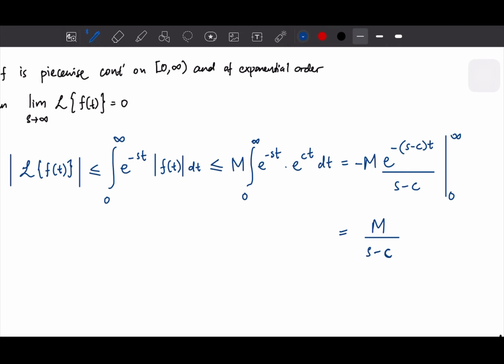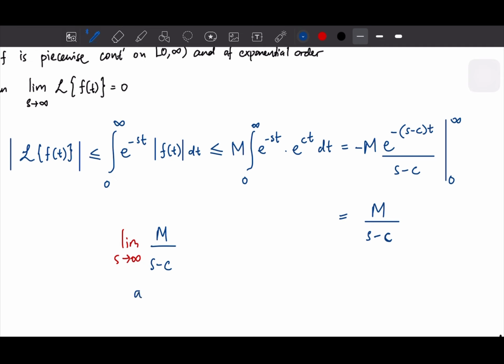So you can see that when we take the limit of s getting to infinity of this M over s minus c, then the whole thing, M over s minus c, will get to 0, right?